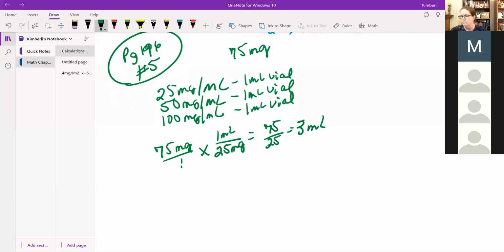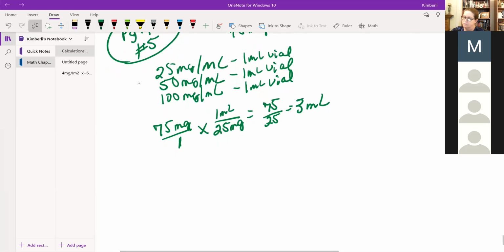That would give me 3 milliliters, which is more than half a teaspoon, and you're going to have to inject it into a muscle. Is that going to be comfortable? No. Okay, what if we did 50 milligrams? That comes out to 1.5 ml. So this one is going to be 3 mLs, and this one would be 1.5 mLs.